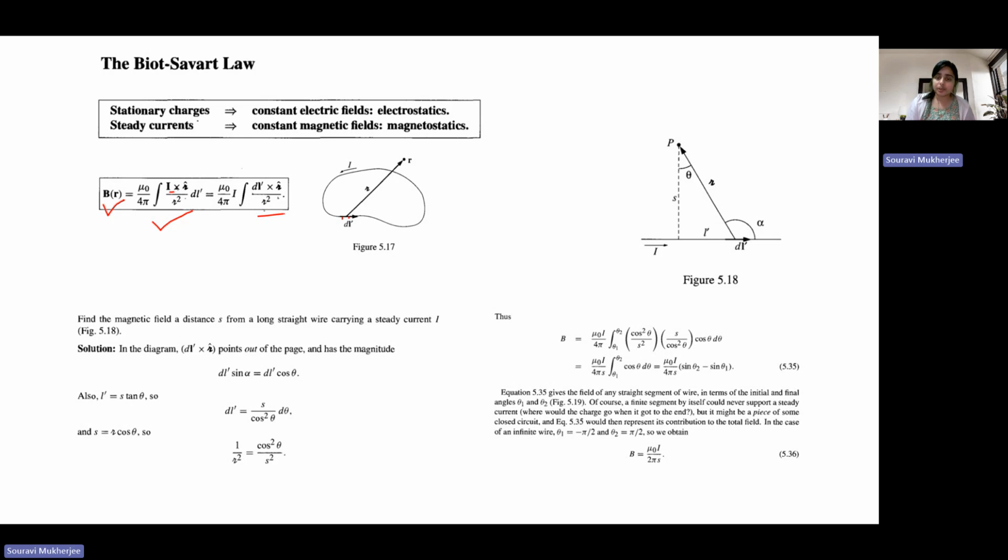See what are the components that remain, which can make things simpler. So in many cases, you will have symmetry in the problem, where you can make use of the symmetry to see which component of the field actually remains.